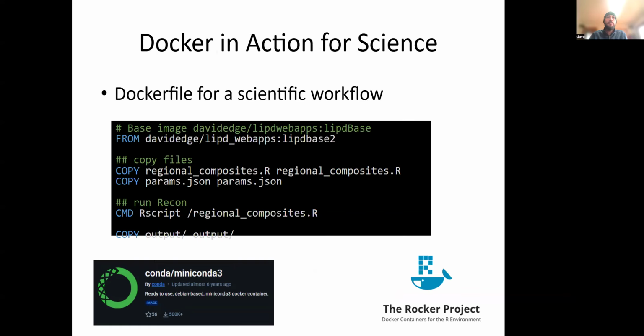So here's an example of what a script to put together an image looks like. This is a Dockerfile. A Dockerfile always starts with the command FROM. This is the image you're starting from. This could be a very simple image, like a base Linux image.